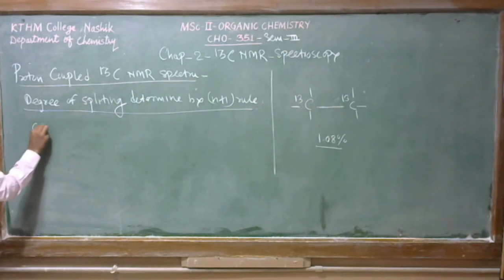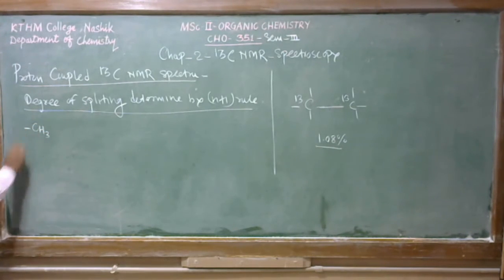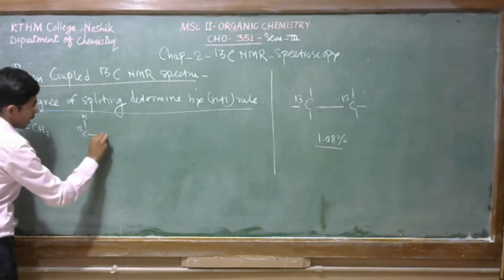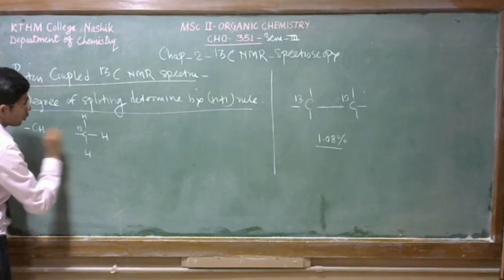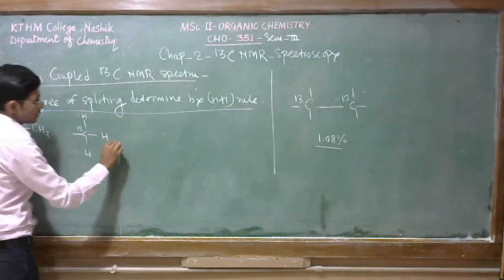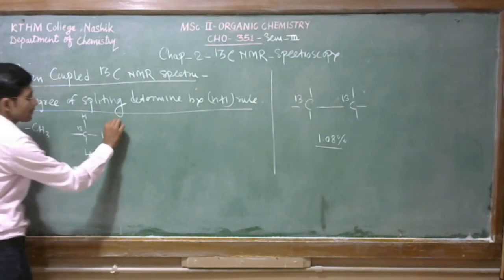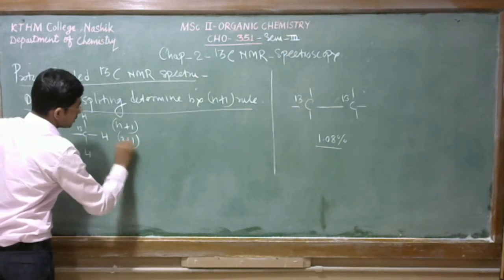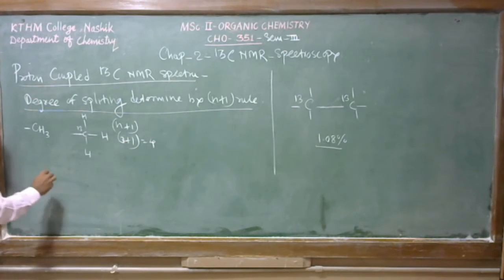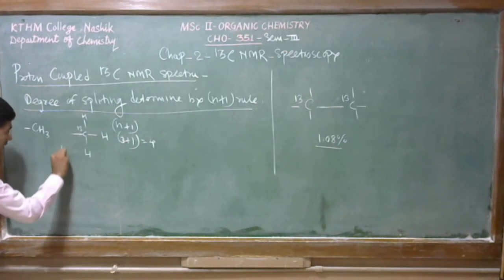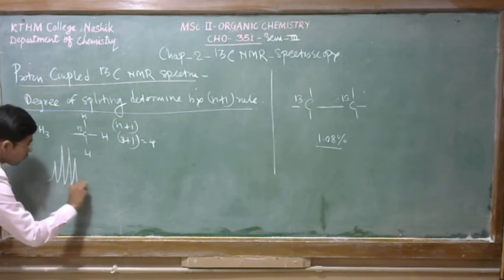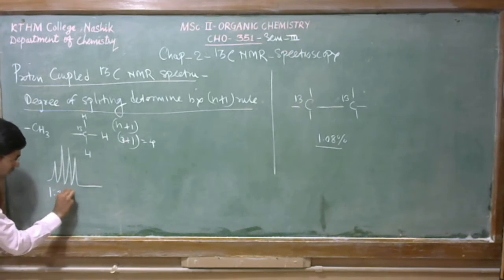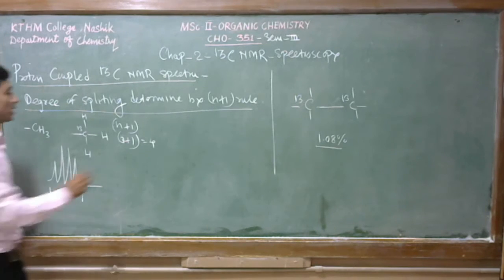For the methyl carbon, that carbon undergoes splitting with three protons, so it shows a quartet signal. n plus 1 means 3 plus 1, that will be the quartet signal. You know very well that a quartet gives signals in the ratio 1:3:3:1.